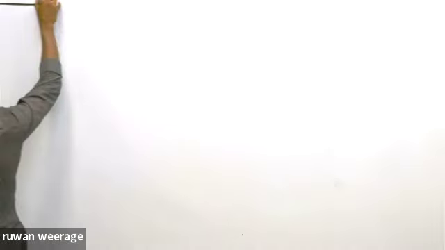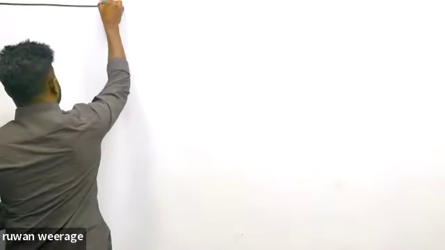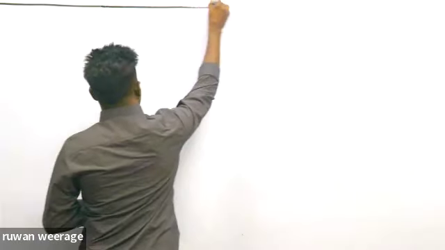Because here the question asks us to prepare the payment journal. So first of all, I'll prepare the payment journal, question number 3, part A. You have to draw all the formats.